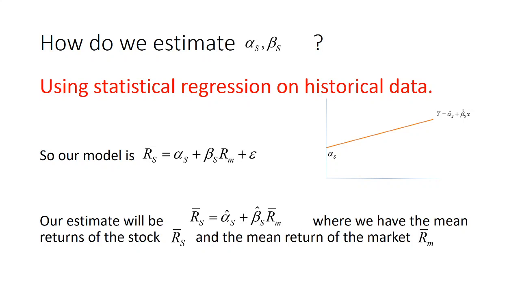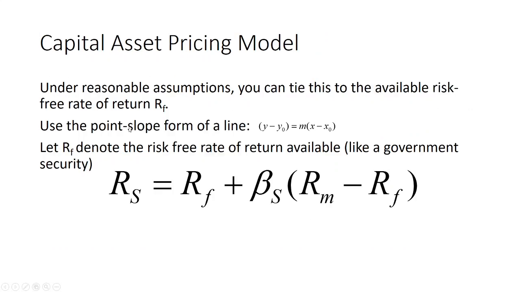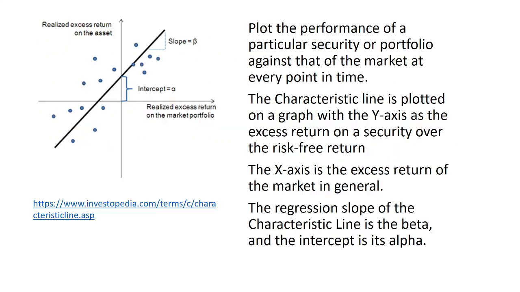So anyway, you can plot all those and look at the market return and the return on the stock and fit an equation for that, and that will give you both your alpha and your beta. And that can then lead you to the capital asset pricing model, again, where you have this risk-free interest rate, and you can modify that to set up that equation.